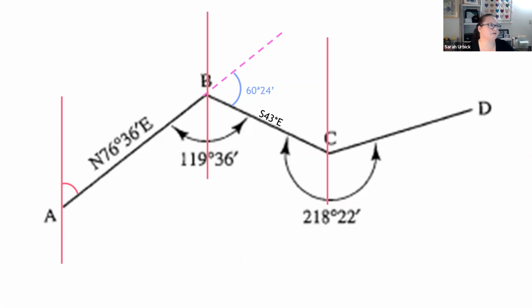So I have 180 degrees along line AB. If I know that from A over to this second line is 119 degrees, 36 minutes, subtracting that from 180 gives me this angle here.